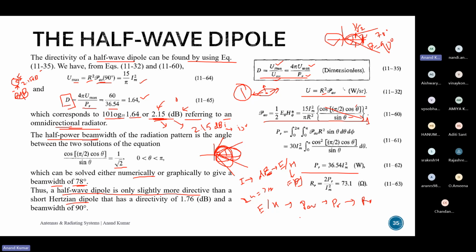We also used the P average to find out U max, and then we used U max and P_R to get the value for directivity, and we also used the pattern function from the electric field and magnetic field to get the half power beam width. So this is essentially the gist of what we have done till now.